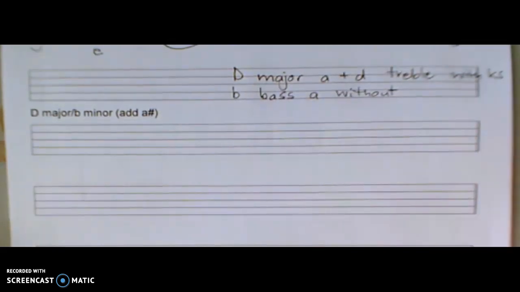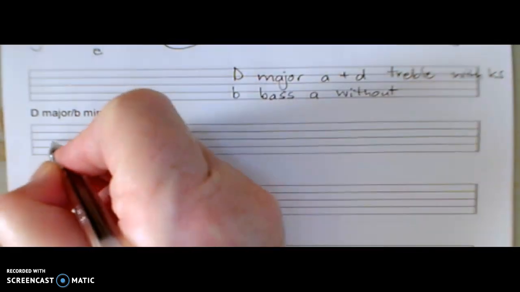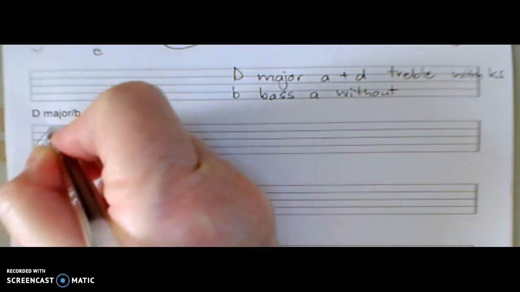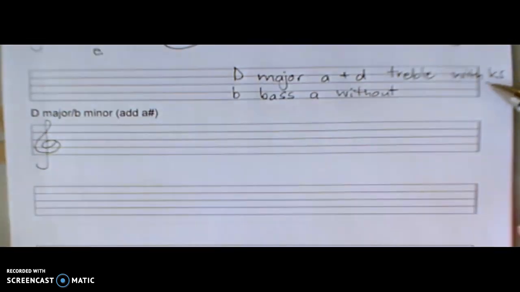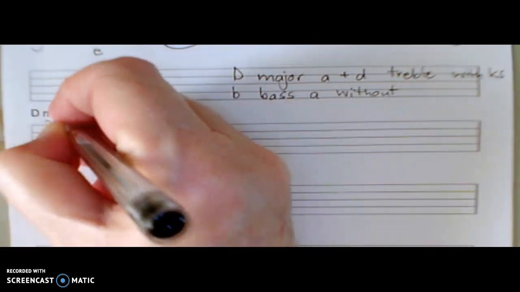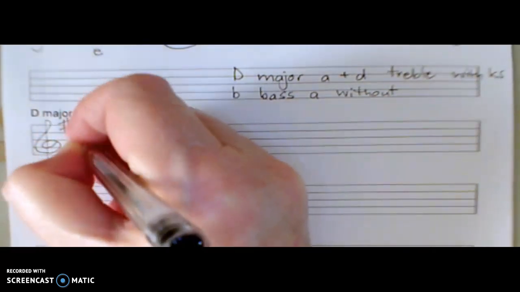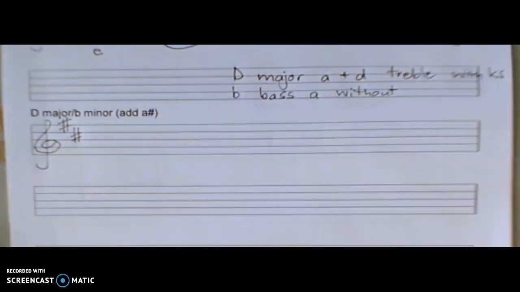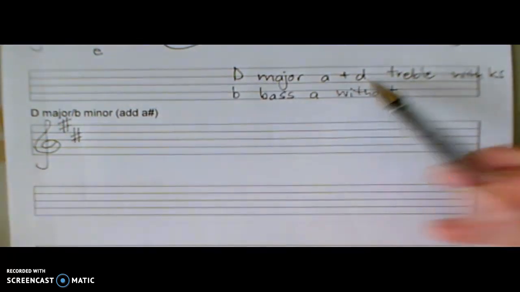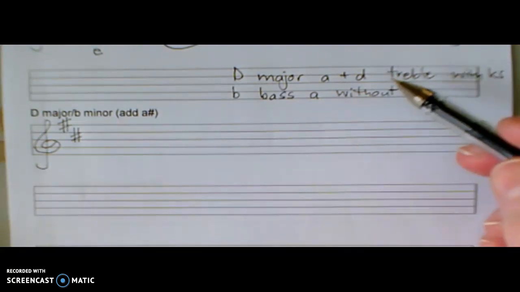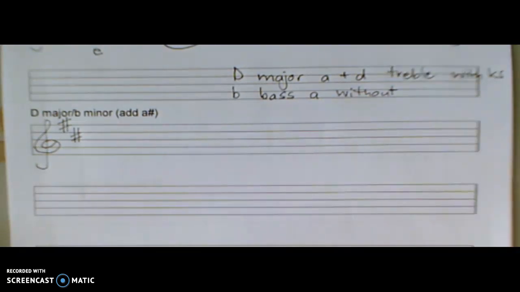So let's look at the first one. D major, treble clef. So the most important thing, do your treble clef. And then with key signature, so I know D major, I must add an F Father Charles. I've added that. And then ascending and descending. So I can't make big notes because I have to fit in everything.